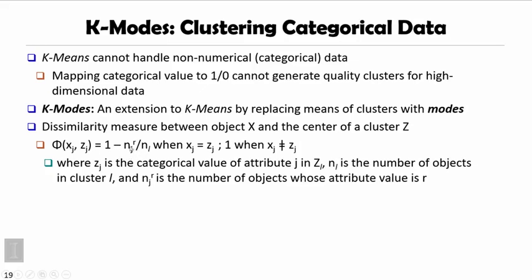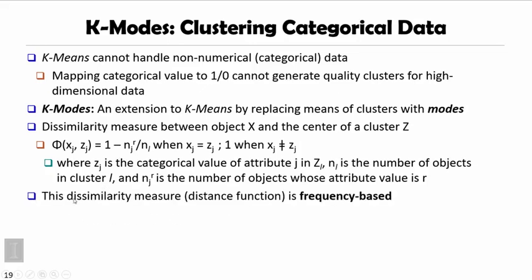In most cases, the more frequent the j value, the closer this is to 1, so the distance is smaller. And if this one is very rare, you're equal to a very rare value, and the number of distinct values is quite big, so your distance is closer to 1. So this is quite a reasonable definition. That means this dissimilarity measure or distance function is frequency based. The more frequent, the closer; the less frequent, a little farther away, even if you're equal to this value.